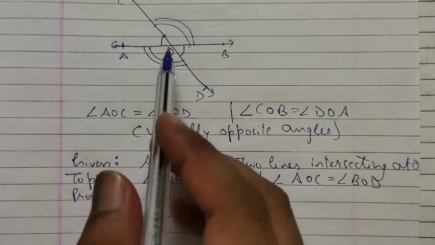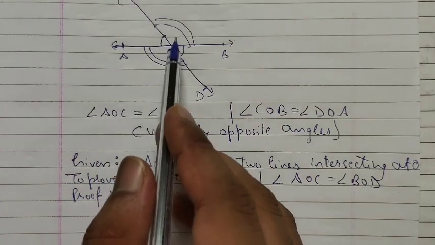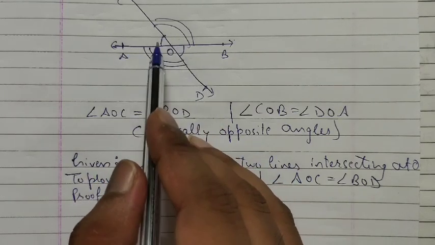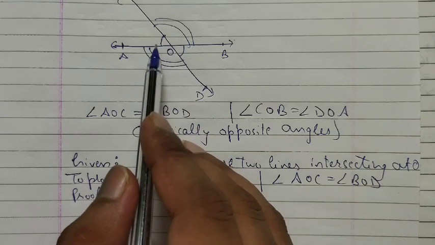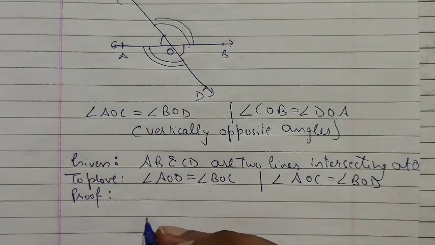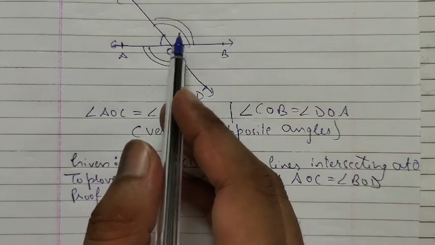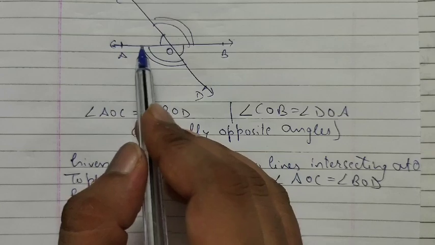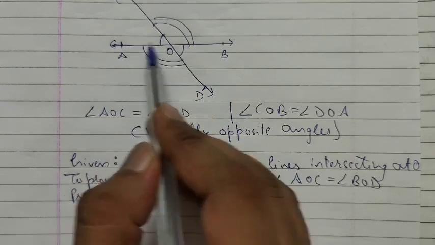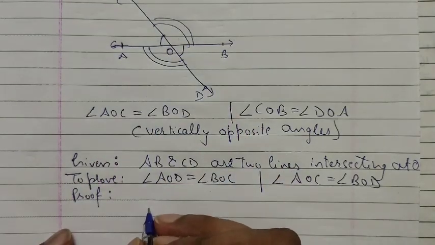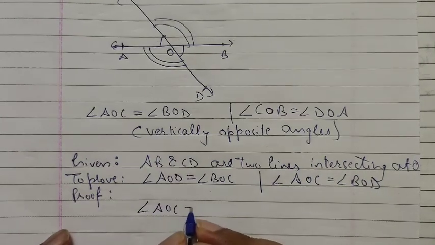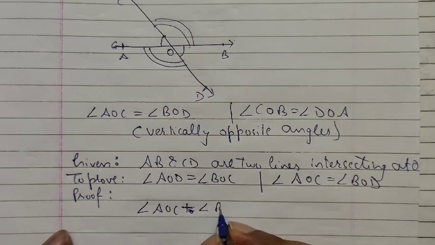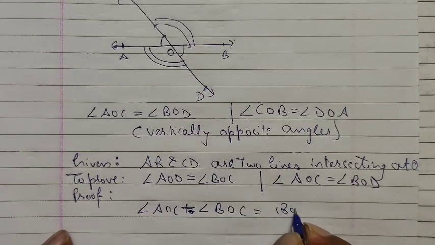Now we know that the sum of these two angles will be 180, because this is a straight line, and the sum of all the angles on a straight line is 180. By linear pair, we can say, angle AOC plus angle BOC is equal to 180 degrees.